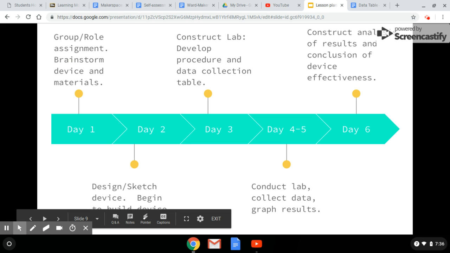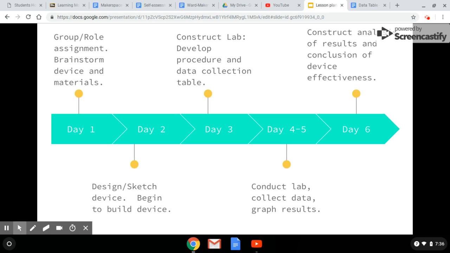I think it's also important to mention that the teacher should be continuously walking around, chatting with kids, making sure that they're on the right track, adding support. But also if they fail in the construction of their design, then they just go back and fix it. So failure is part of the process of designing and developing a device and going through the scientific process.